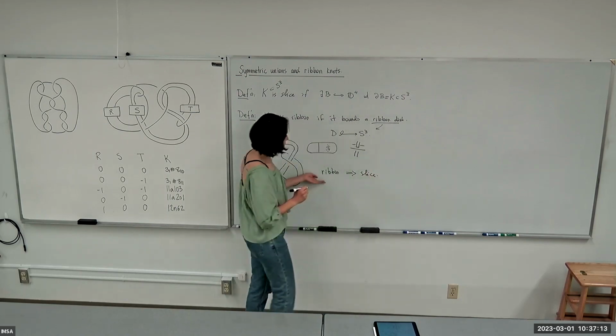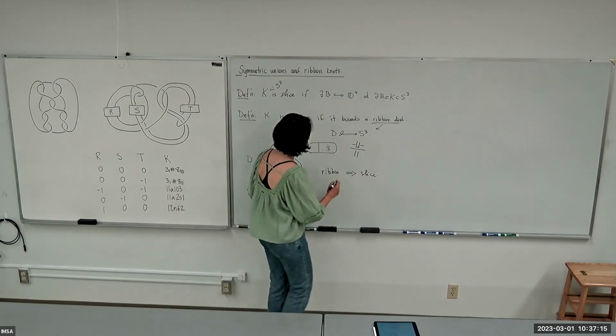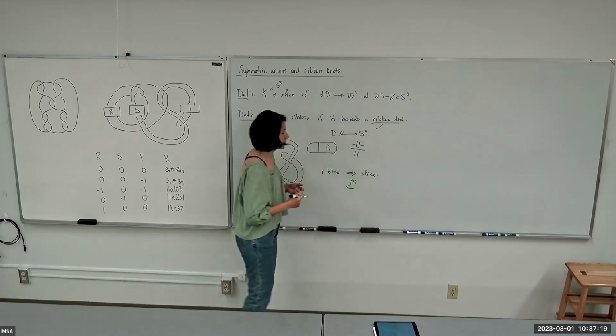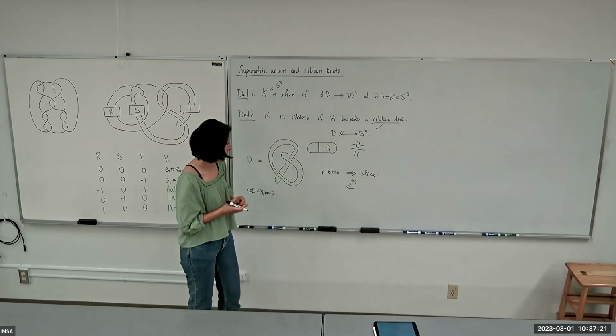The converse, whether every slice knot is ribbon, is one of the most important and challenging open problems in knot theory.